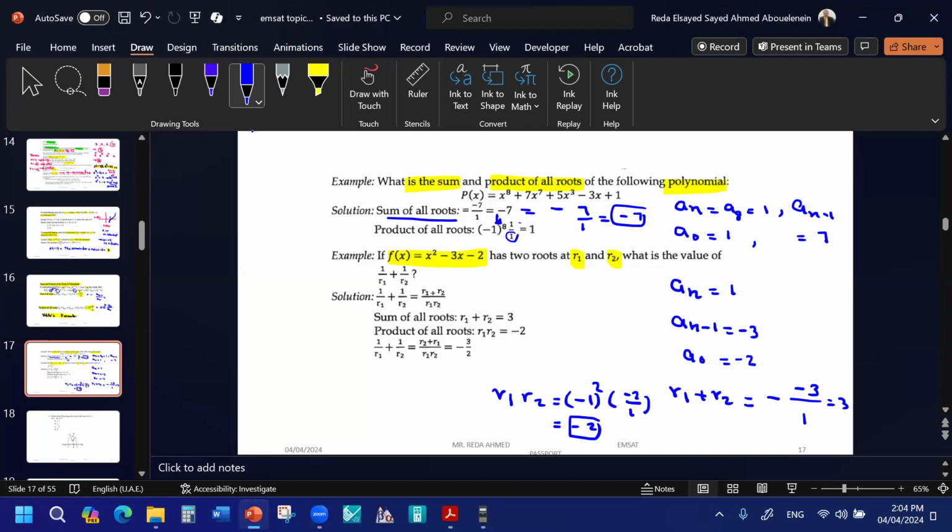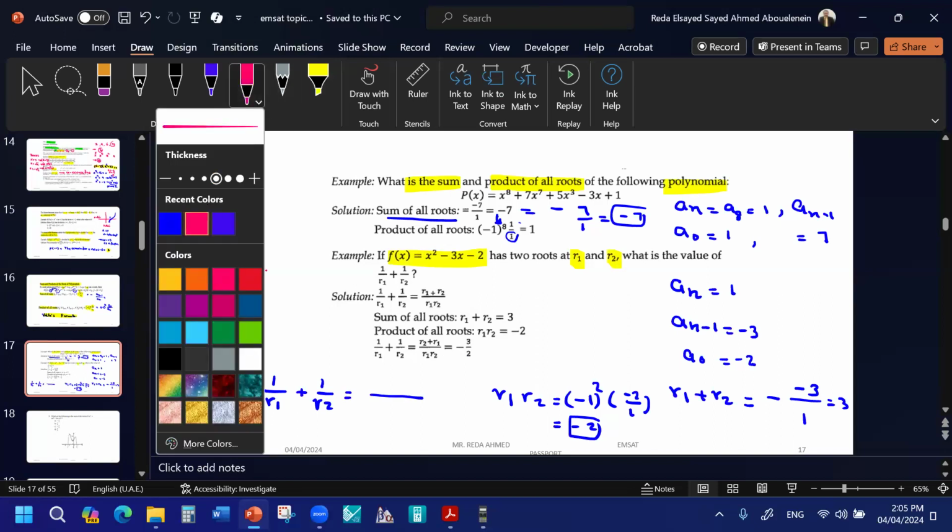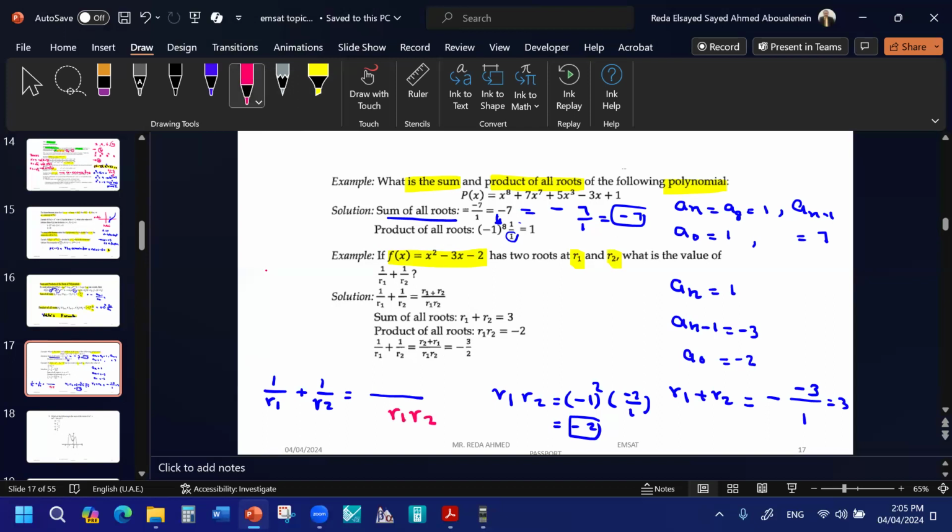So it asks you to find 1 over r1 plus 1 over r2. Here you can make a common denominator. You can write this here and write this here.